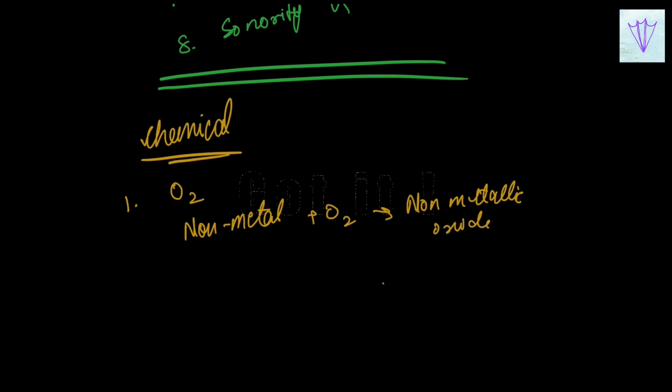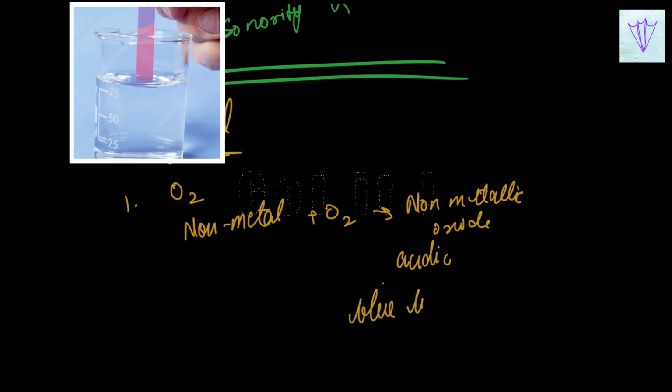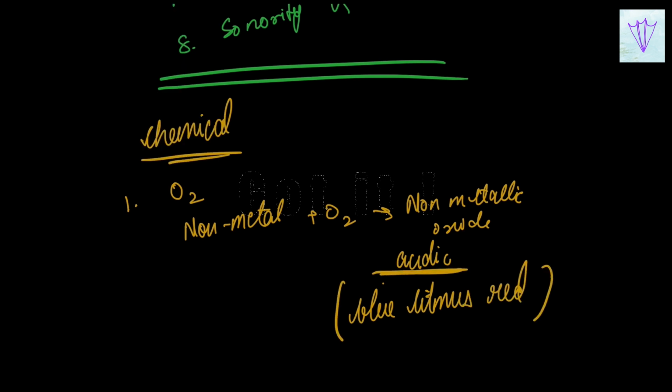Non-metal oxides are generally acidic in nature because they form acids on mixing in water. An aqueous solution of non-metal oxides will turn blue litmus red, which indicates that they are acidic in nature.